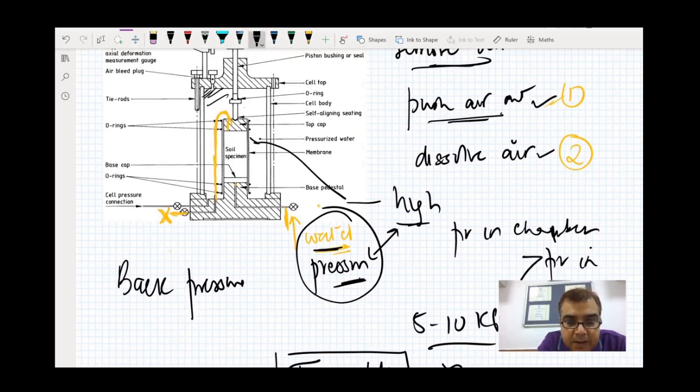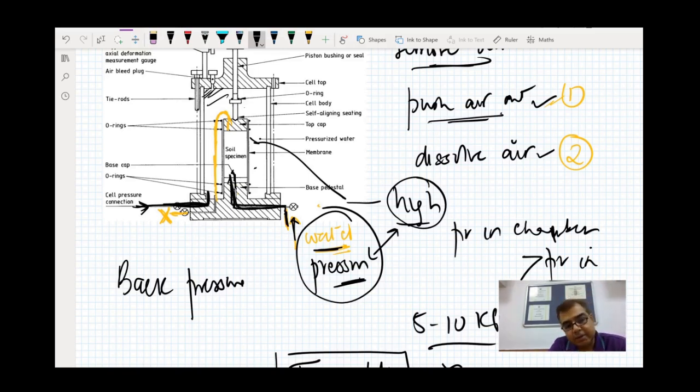Okay, so for the back pressure to occur, I'm going to push this water in, and I have also increased the cell pressure. So what I do is my cell pressure goes up first, and then as a follow-up, I increase the pressure within the soil sample.